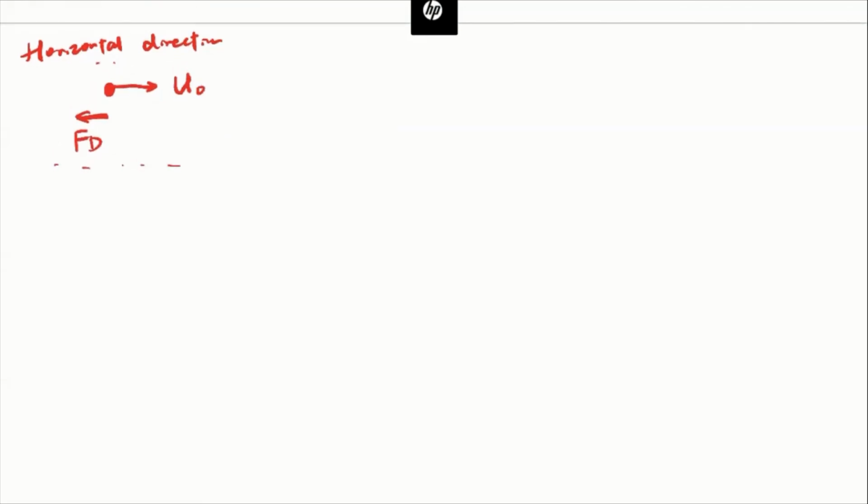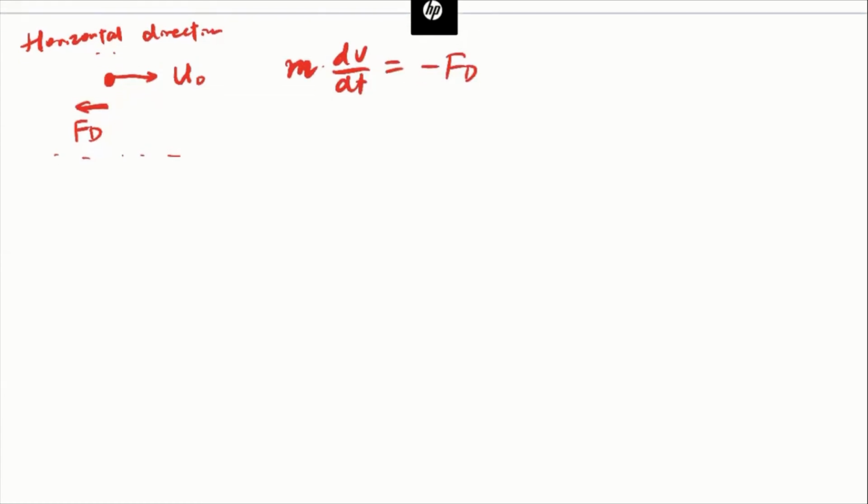So what happens is, we can still set up Newton's second law. m dV/dt, which is ma, equals minus Fd. Then we have dV/dt equal to minus 3 pi mu dp divided by C, then divide by the mass, and multiply by the relative velocity, basically the velocity of the particle.